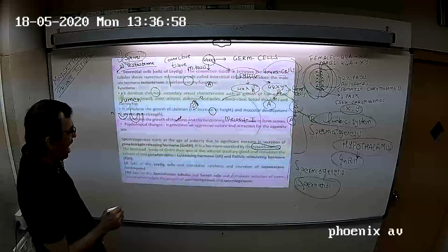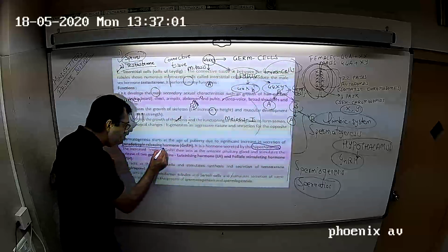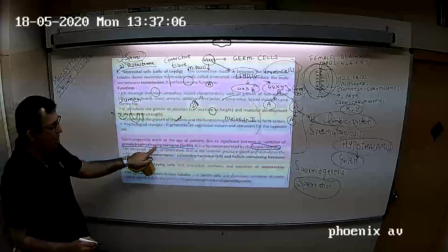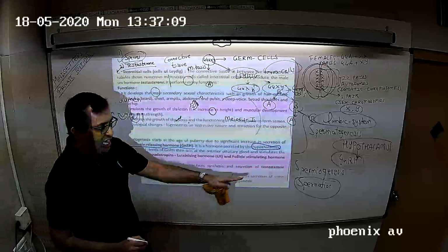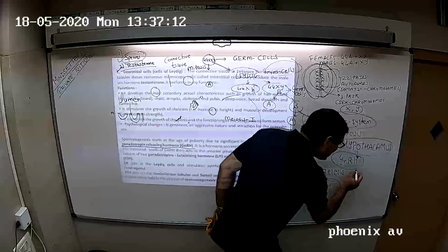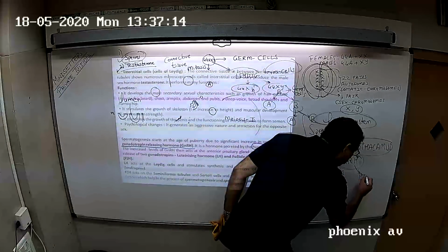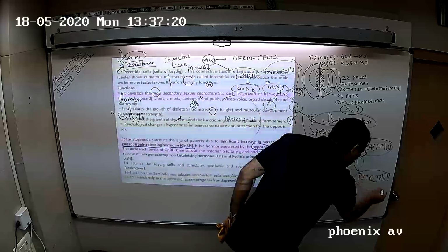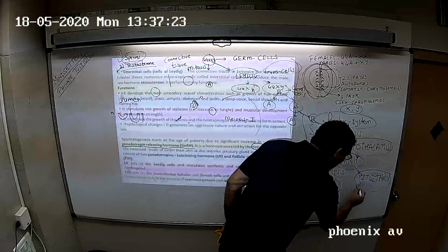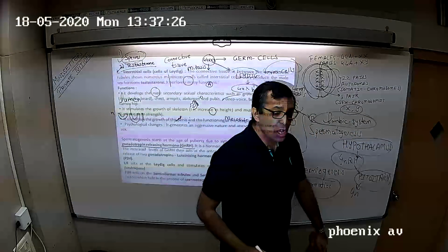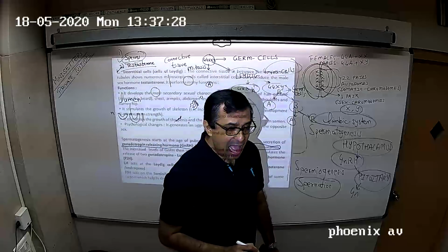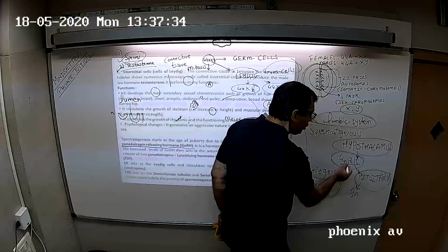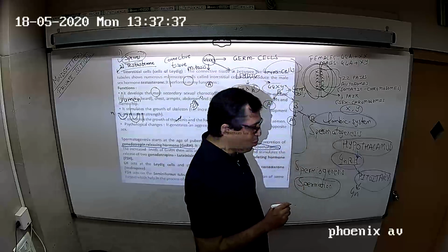GnRH, gonadotropin releasing hormone. What is GnRH? Gonadotropin releasing hormone, and GnRH now acts on your pituitary gland. And pituitary gland starts giving out hormones called gonadotropins. And these gonadotropins are given by pituitary gland under action of gonadotropin releasing hormone.